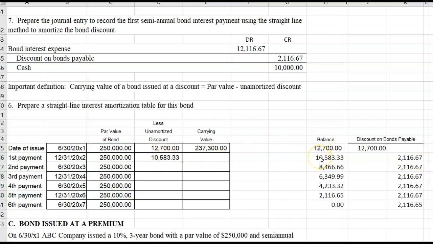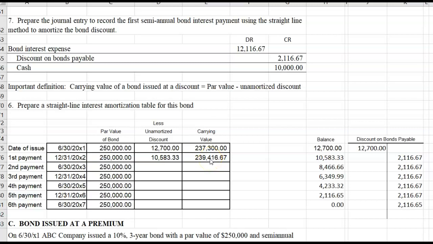The unamortized discount after the first payment will be $10,583.33.